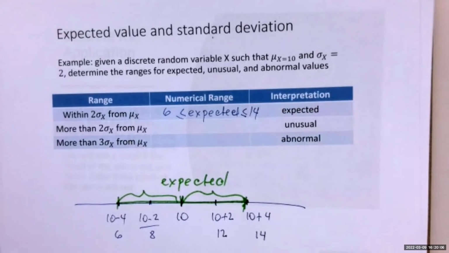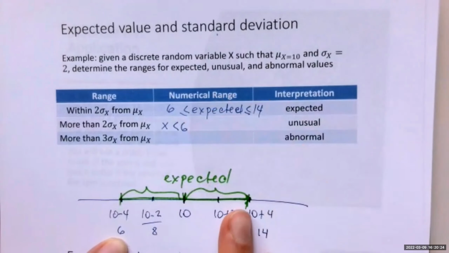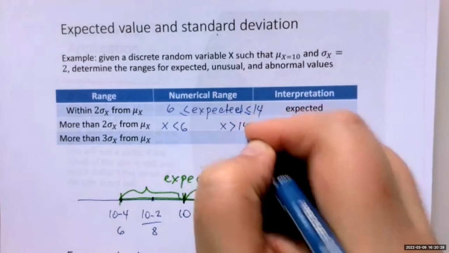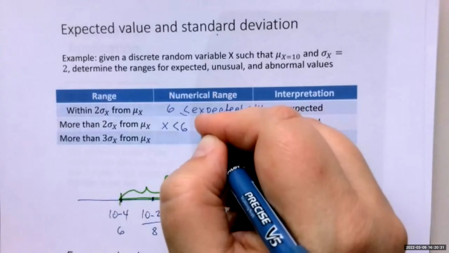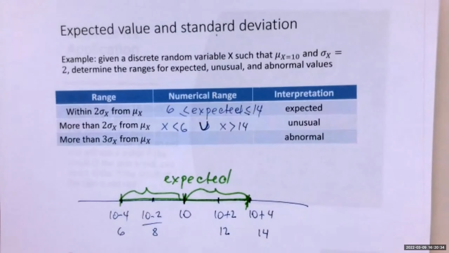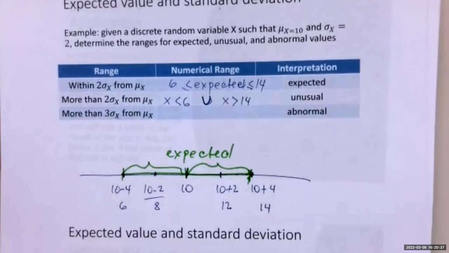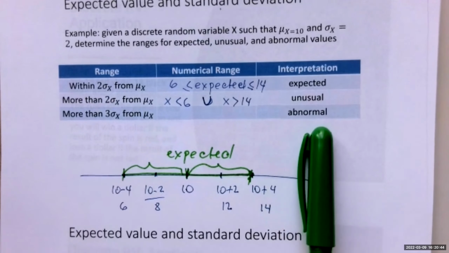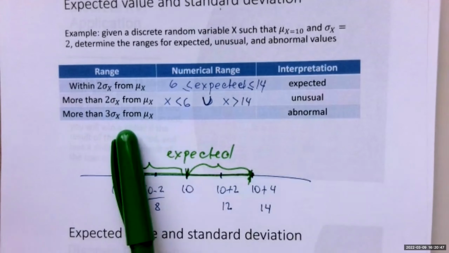Now, for the unusual values, we have all the values to the left, so x is going to be less than 6, and also all the values to the right of 14, so x is greater than 14, and we're going to use our union symbol to unite both of those intervals into our solution set.